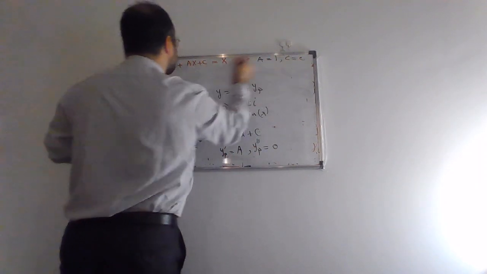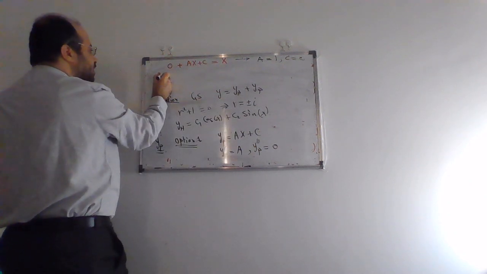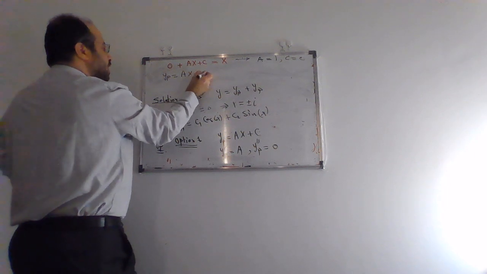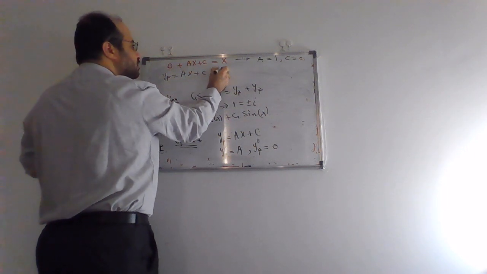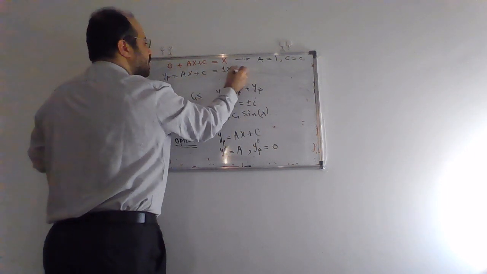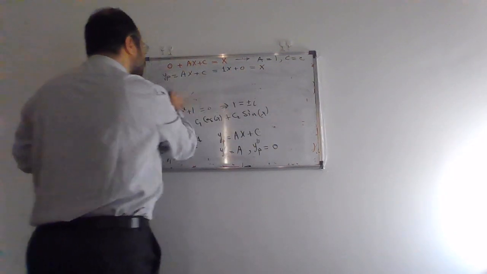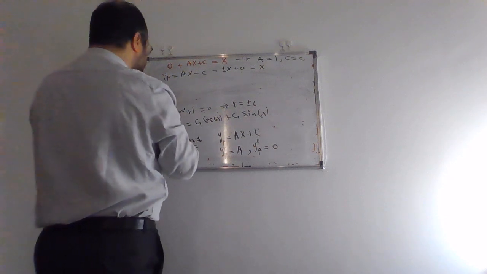So your y particular is 1x plus 0, which is x. You can guess the y particular very easily.